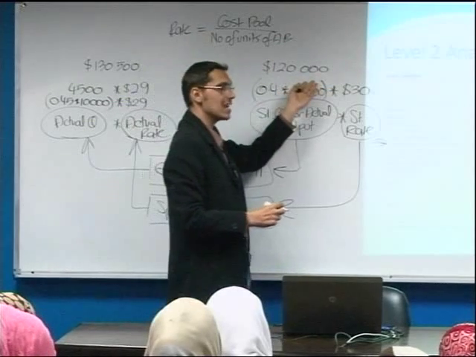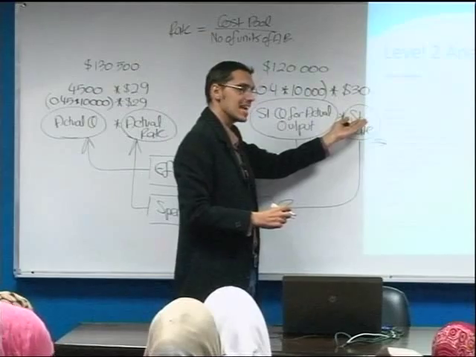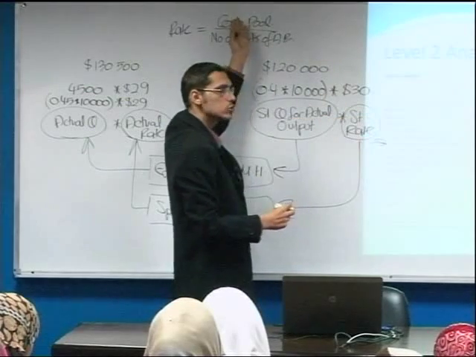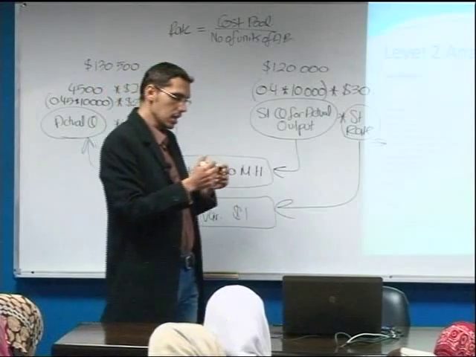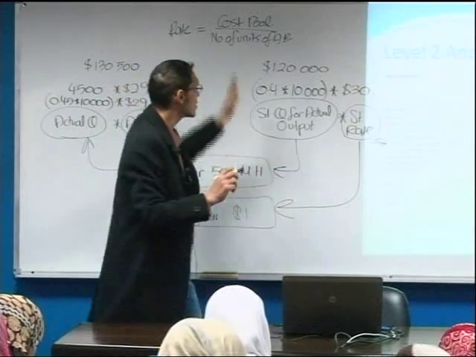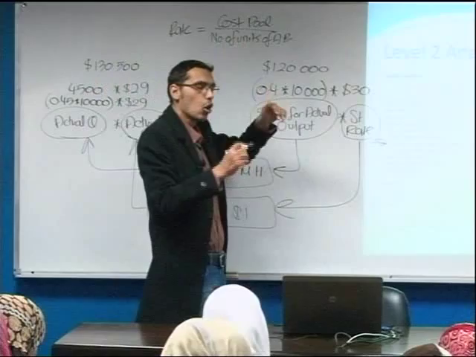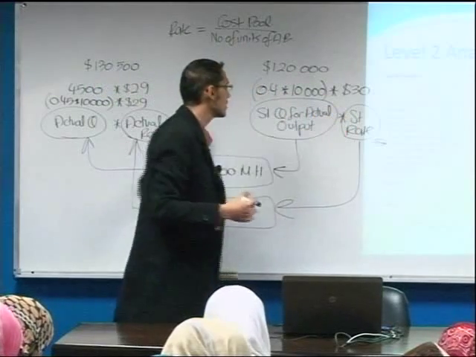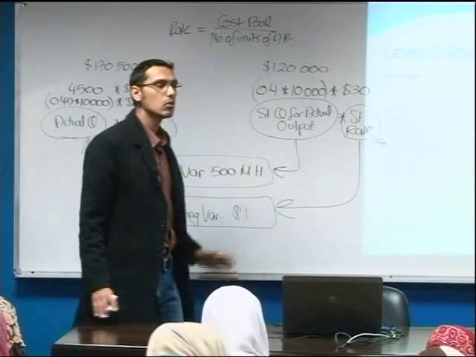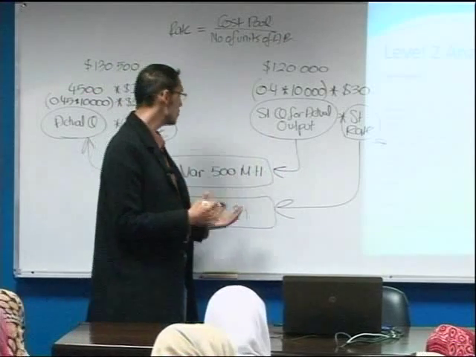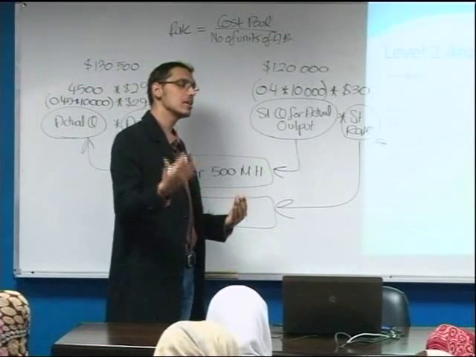And for the flexible budget or the standard rate, we use the standard cost pool divided by the standard number of units of the allocation base. But nevertheless, this is the method to calculate the rate, whether it is the standard or the actual.